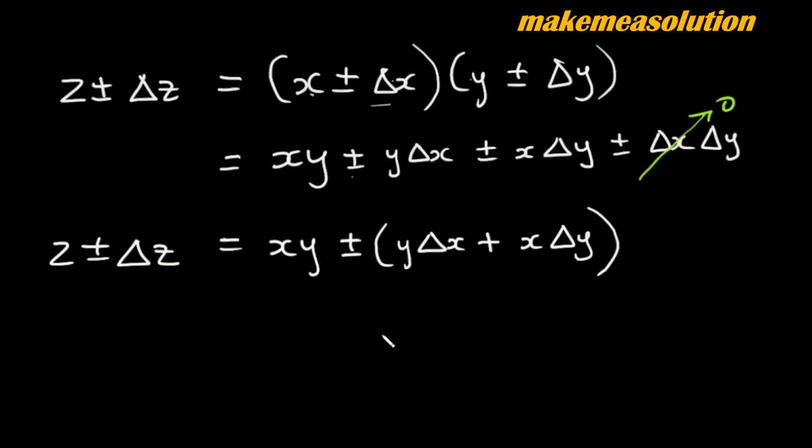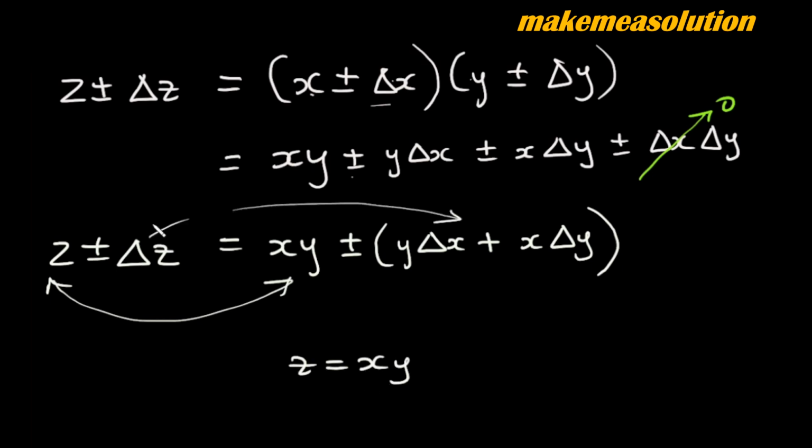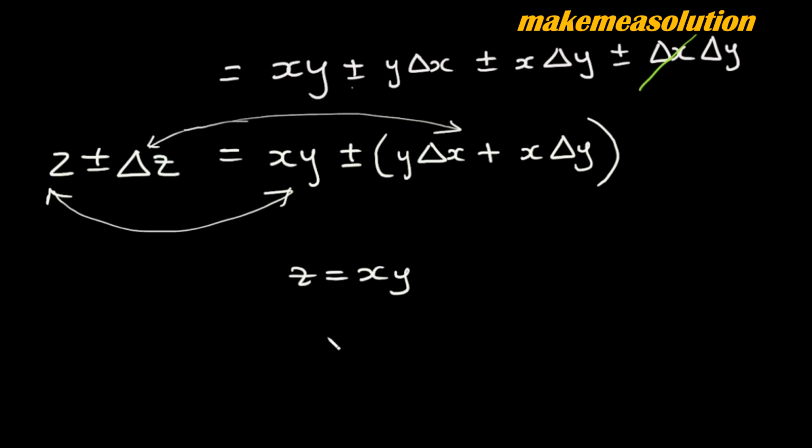So we can now see the two sides, that z corresponds with this over here. So z is equal to xy in this case. Then this over here, as you can see, is the approximate error, the absolute error in the measurement of the product, and delta z is equal to y delta x plus x delta y.